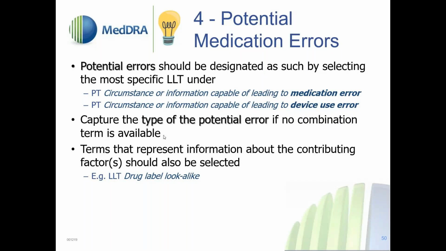The circumstance or information capable of leading to medication errors groups several specific LLTs for doing so, like LLT potential for medication error, wrong dose, or LLT potential for medication error, wrong drug, and LLT potential for medication error, wrong route, or the newly added LLT database system product information issue. In addition, MedDRA terms that help capturing the contributing factors should also be selected, like for instance LLT drug label lookalike.